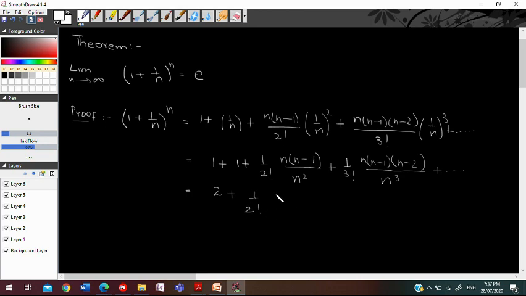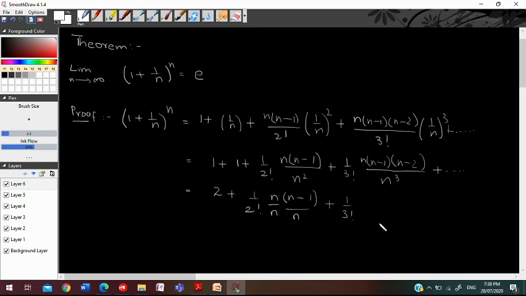Instead of writing this n square, I can write n multiplied by n, like this: n into n minus 1. Here I split its power, n divided by n, then n minus 1 divided by n, plus 1 by 3 factorial.